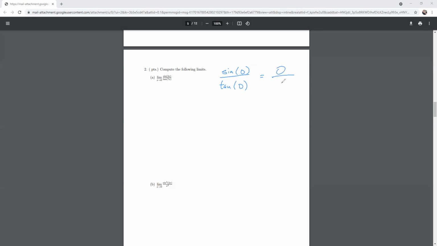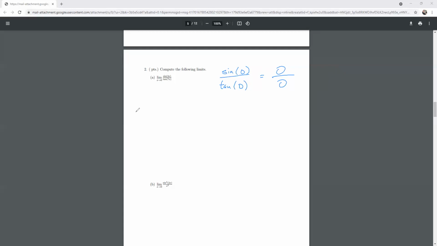Tangent of 0 is also just 0. So we have an issue now. We have 0 over 0. It's not really a number, right? So recall, if you have something over 0, then you may be able to figure out the limit. Maybe it's infinity or something like that. But when you have 0 over 0, you have to do something else. So this calls for L'Hopital's rule.